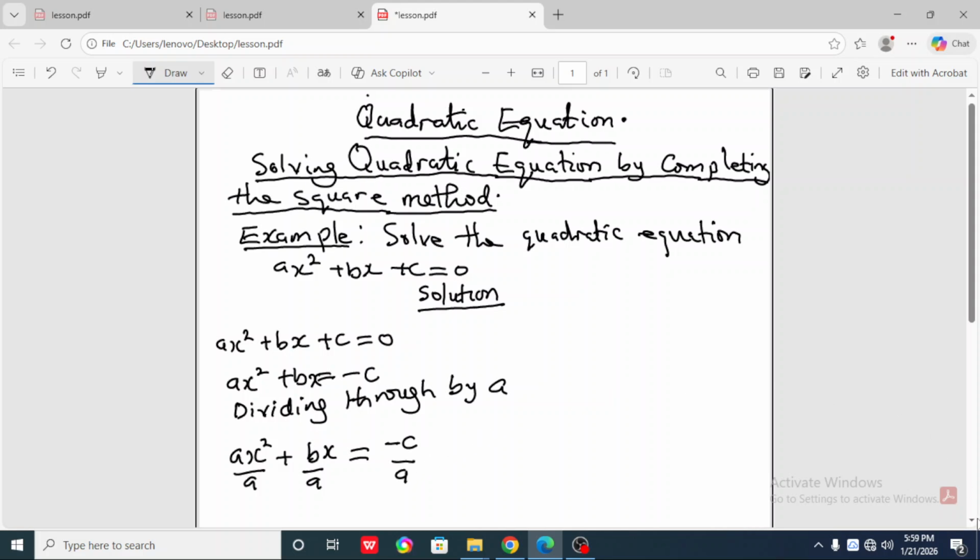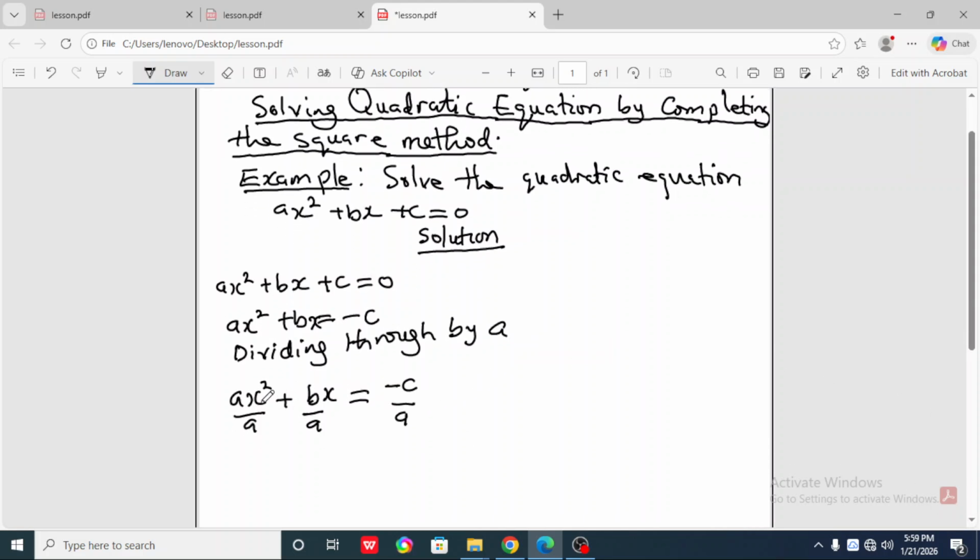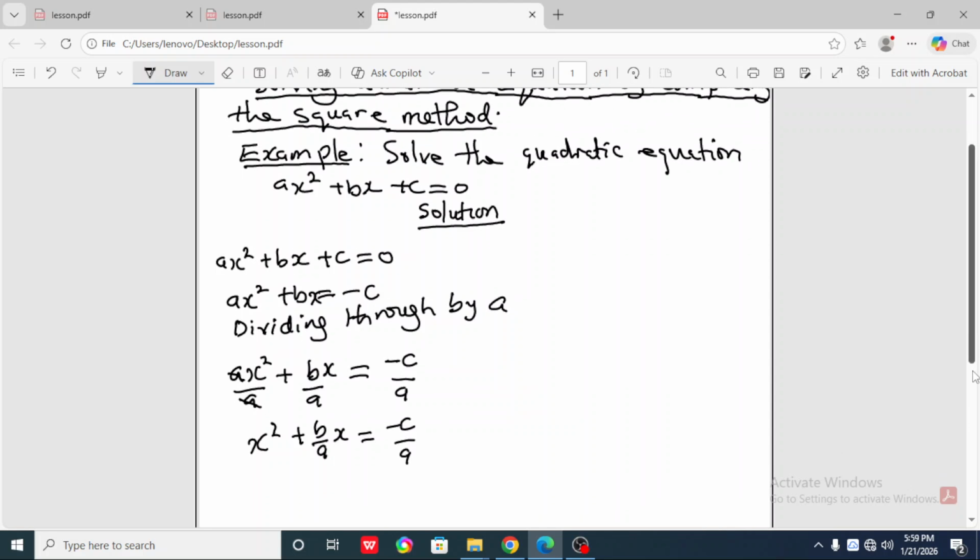After this step, the a will cancel, then that gives us x square, and now the coefficient of x square is 1. That is what we are looking for. So b over a x equal to minus c over a.